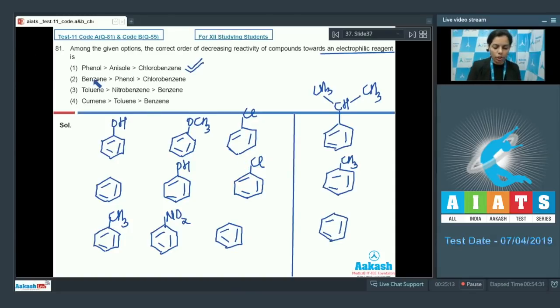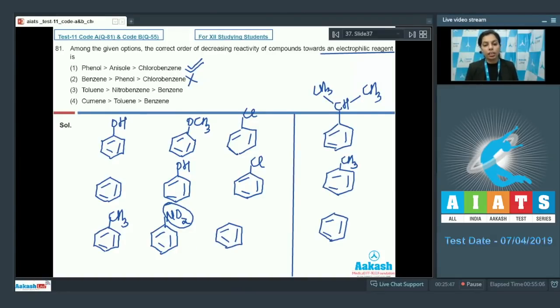After that, if I talk about the next one, benzene is written here as the most reactive compound towards electrophilic reagent. So this is wrong. That's why I'll just mark a cross here without checking further. Now, third one, toluene we have. The structure is given here, then nitrobenzene, and after that here is benzene. If I talk about nitrobenzene, this nitro group is a deactivating group. It will not increase reactivity towards electrophilic substitution.